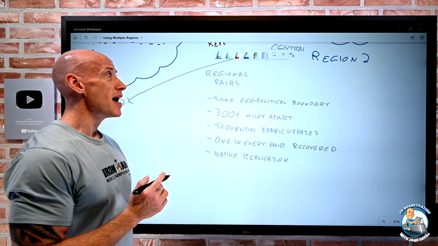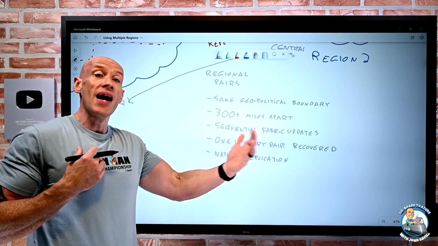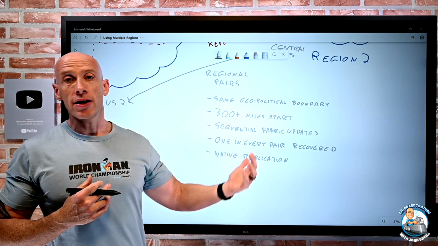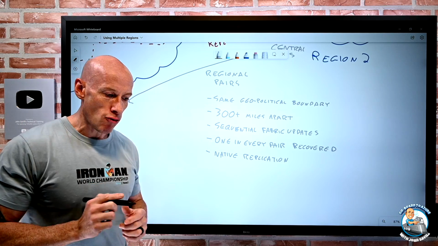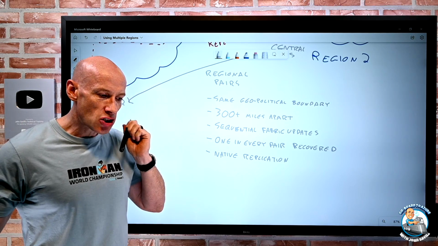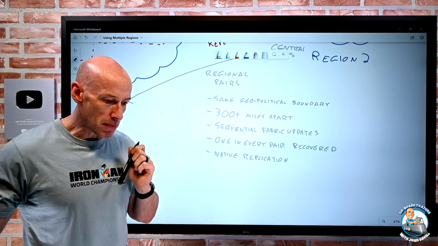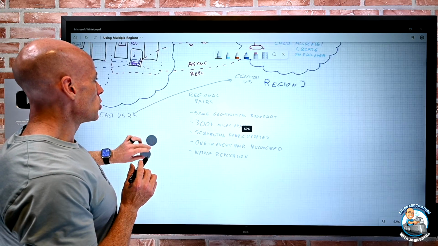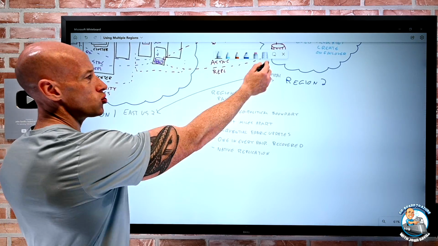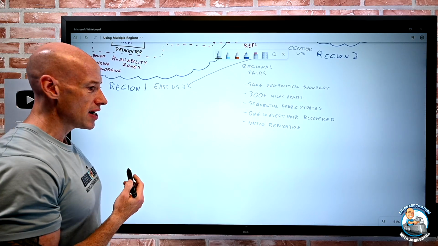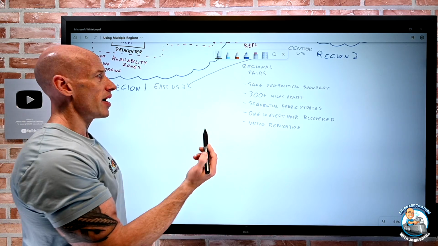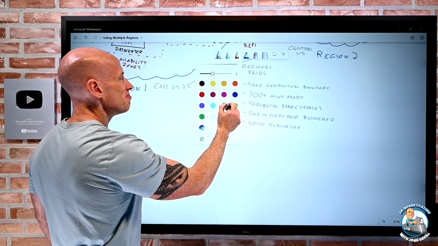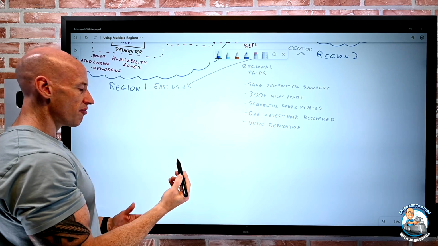Or maybe the paired region doesn't meet where I have data centers or client traffic or many, many other reasons, but I just don't want to use them. It doesn't meet my requirement. So essentially what we're talking about here is then, so Central US was, for example, the paired region. I want to use a different region.